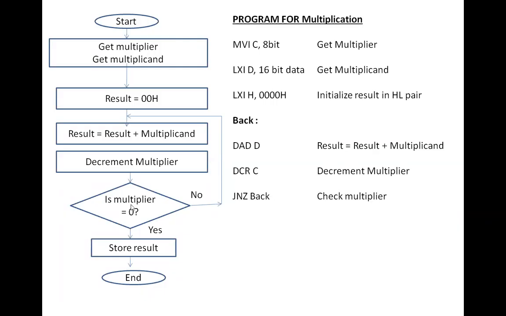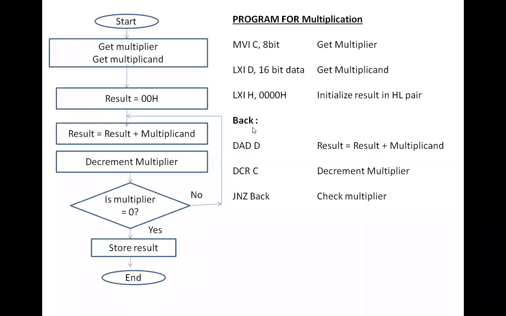If the content becomes 0 after decrementing C, the zero flag will be set. But if decrementing C does not result in the value of C being 0, the zero flag will not be set. If the zero flag is not set, meaning the multiplier is not equal to 0, it goes back. So jump on no zero back. By checking the value of the multiplier available in the C register, it will jump back.